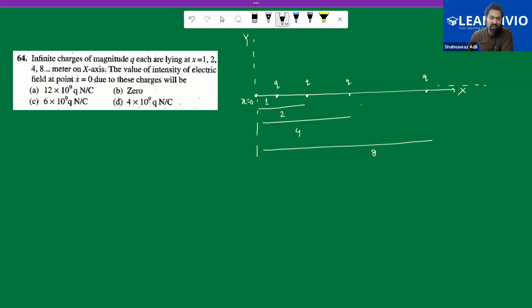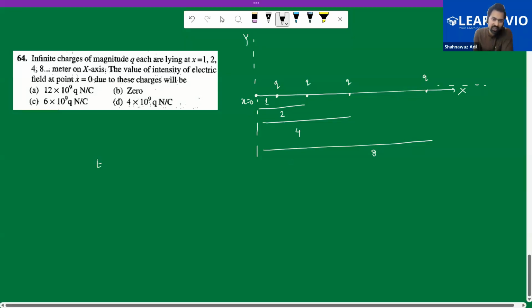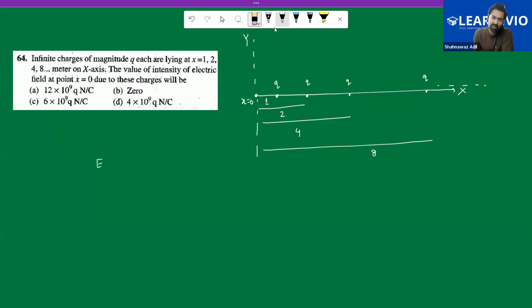Then we have to find out what is the electric field at x equal to 0, or at origin, right?